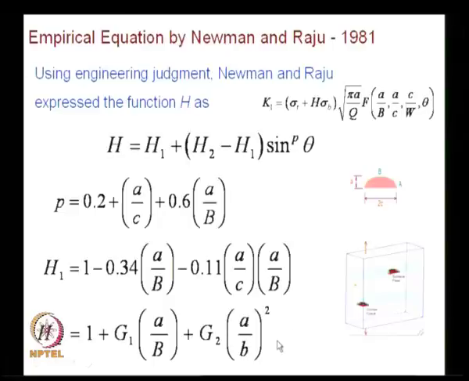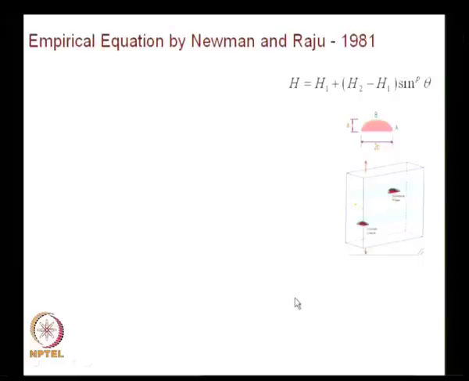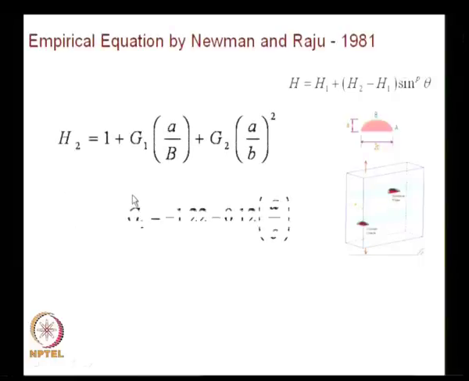To this extent, I think we have seen it in the last class, and we have to know the functions g1 and g2. These are defined next. The function g1 is given as minus 1.22 minus 0.12 multiplied by a by c.